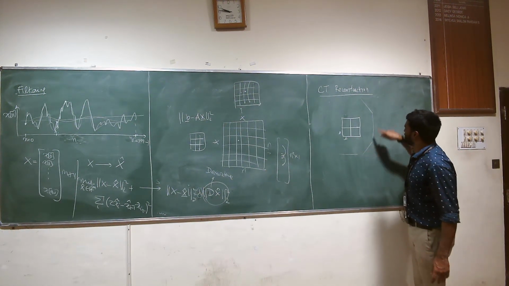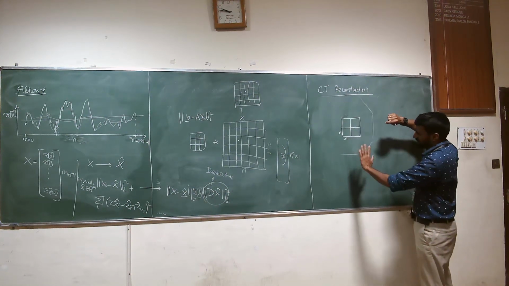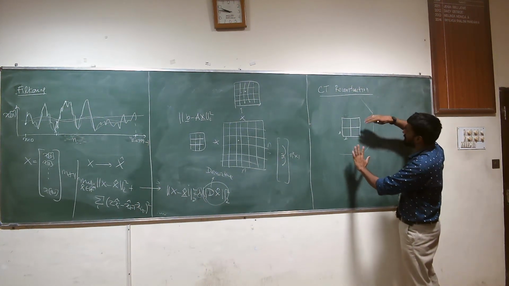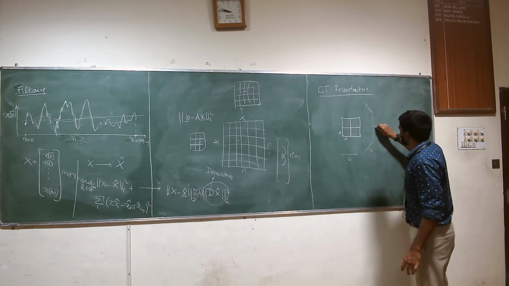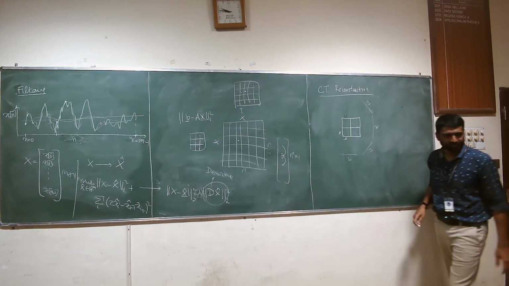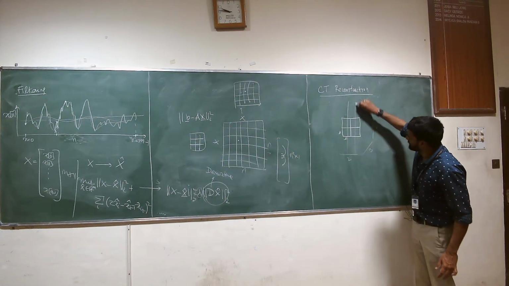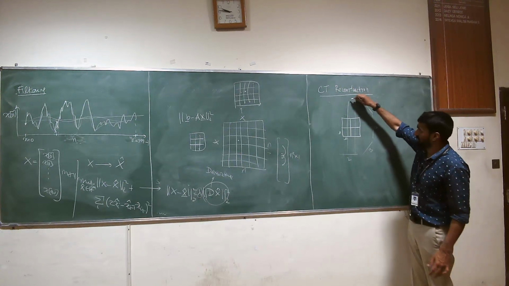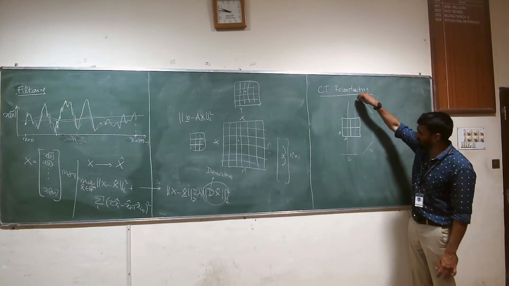We'll assume that the scanner is like this, and there are 4 scanners like this, with sources here and detectors on the other end. There are 2 sources here, 3 here, 2 here, and 3 here. Okay, the 2 sources here will essentially pass X-rays through both of these, and let's assume we can measure the intensities of the X-rays that are coming out.